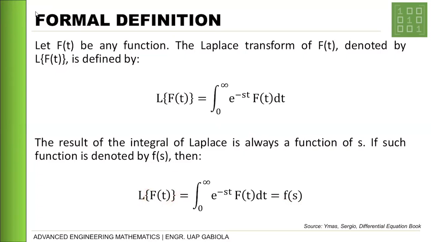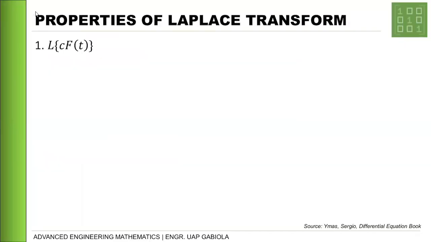To better understand this, we need to demonstrate it with our properties. I have prepared a set of 10 properties, actually not all of the properties, but as we move along with this topic, we will understand how the properties are applied on each function inside the Laplace transformation. Okay? So let's start with the first basic one.